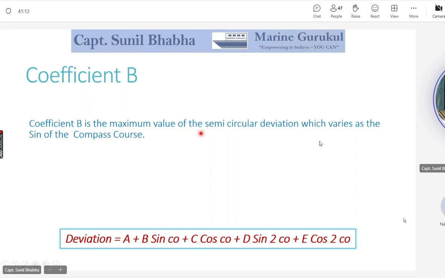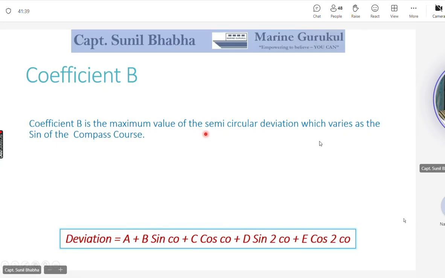Now, if a deviation changes after every 90 degrees, for the first quadrant, the northeast quadrant, the deviation was easterly. For the southeasterly quadrant, the deviation becomes westerly. For the southwesterly quadrant, it is again easterly, and for the northwesterly quadrant, it becomes westerly. It means it changes after every 90 degrees. It is known as a quadrantal deviation.